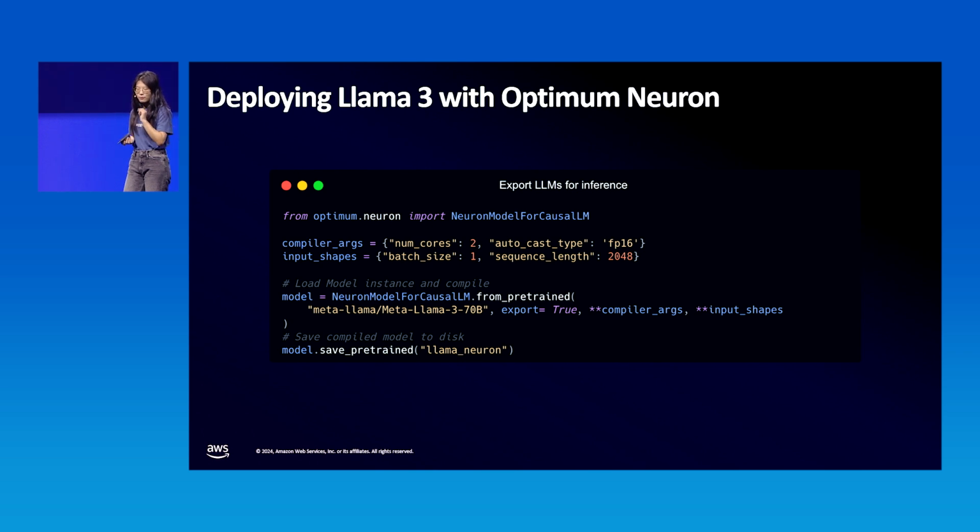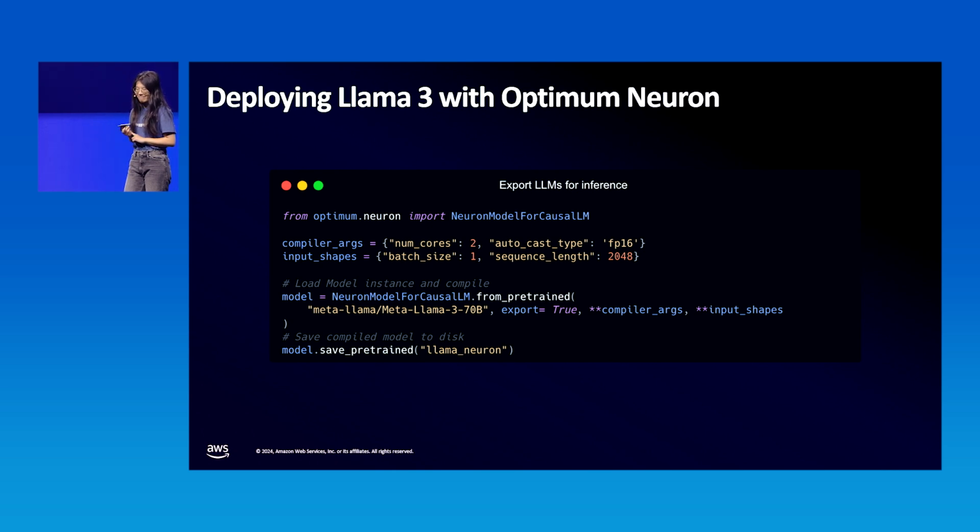For the first step, it's a little bit different in that we need to compile the model first. So we need to set up the compiler arguments, in which we decide on how many neuron cores we want to deploy the model, and we need to set up the precision.